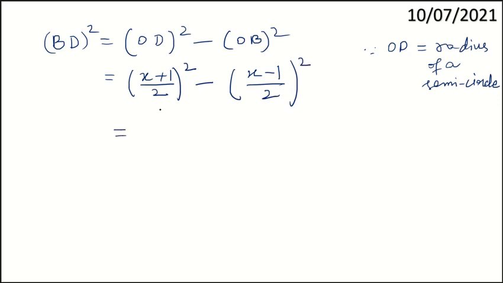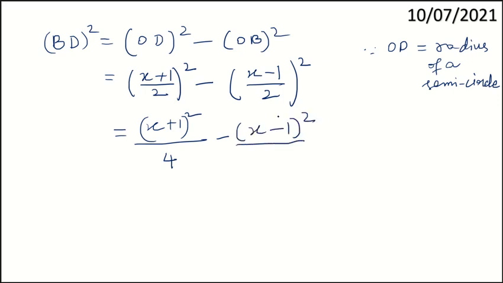Now by simplifying this, ((x plus 1)/2) whole square can be written as (x plus 1) whole square by 2 square, which is 4, minus (x minus 1) whole square by 2 square, which is 4. We know (a by b) whole square is a square, that is numerator square, upon denominator square separately.